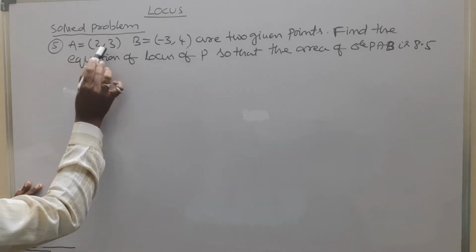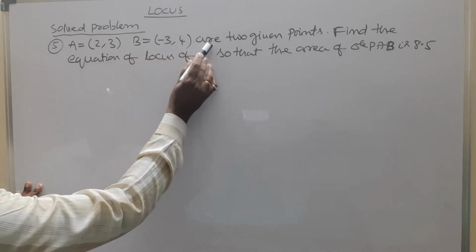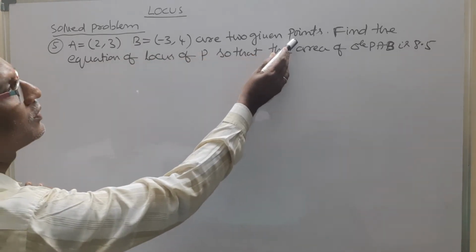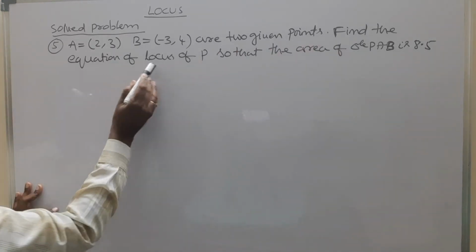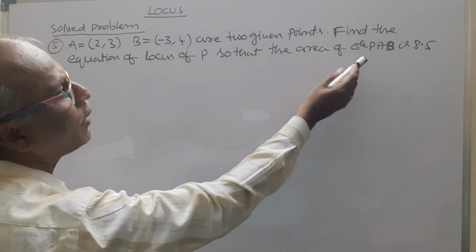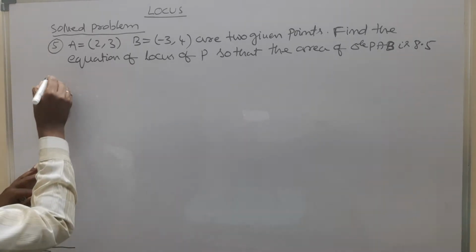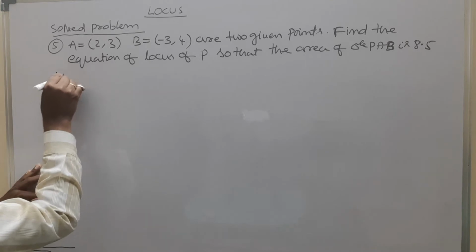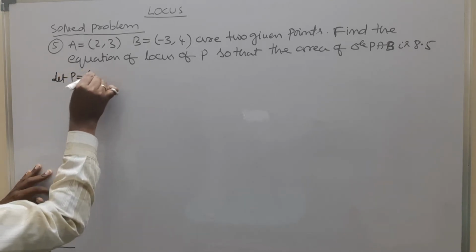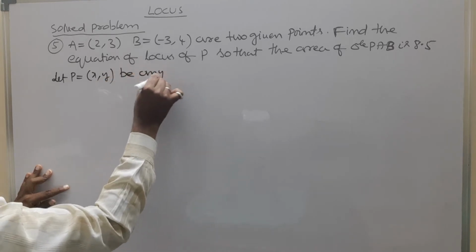A equal to (2, 3) and B equal to (-3, 4) are two given points. Find the equation of locus of P so that the area of triangle PAB is 8.5. Let P equal to (x, y) be any point on the locus.